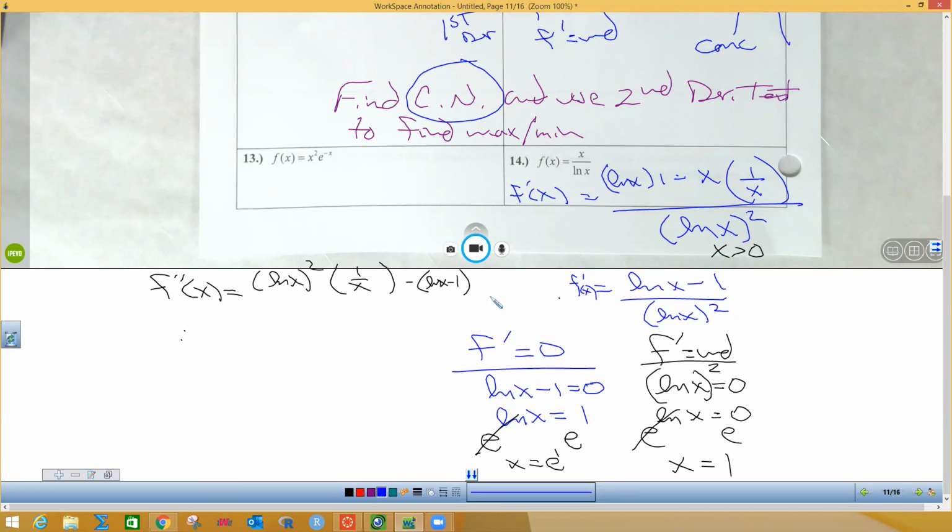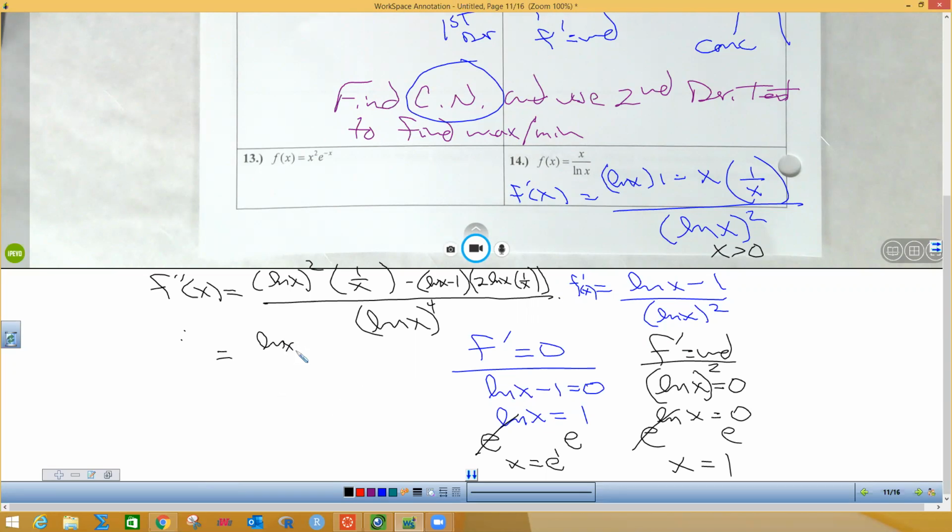So when I do the derivative of the bottom, I'm going to take that 2 to the front, leave the inside the same, lower that power to a 1, and then times the derivative of the part inside, which is that natural log of x. And that is all over the bottom squared again. Okay, so let's go ahead and simplify this thing.